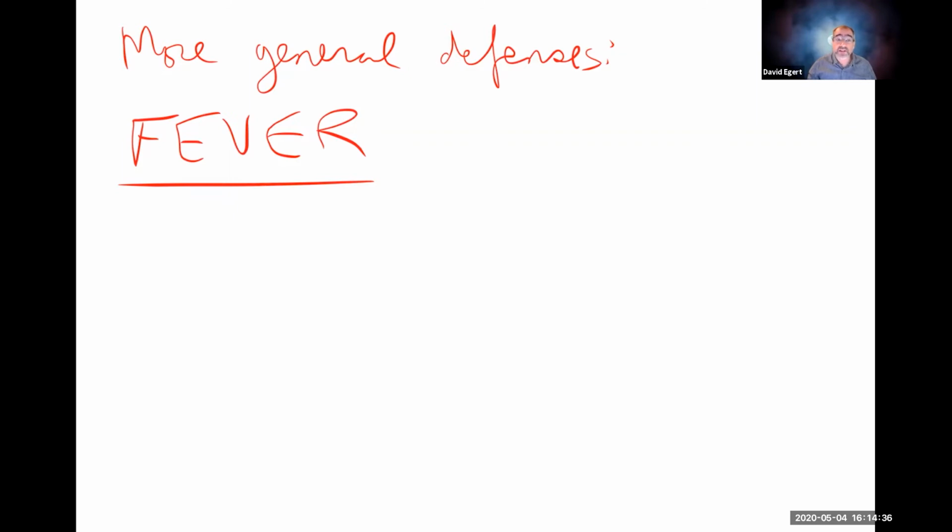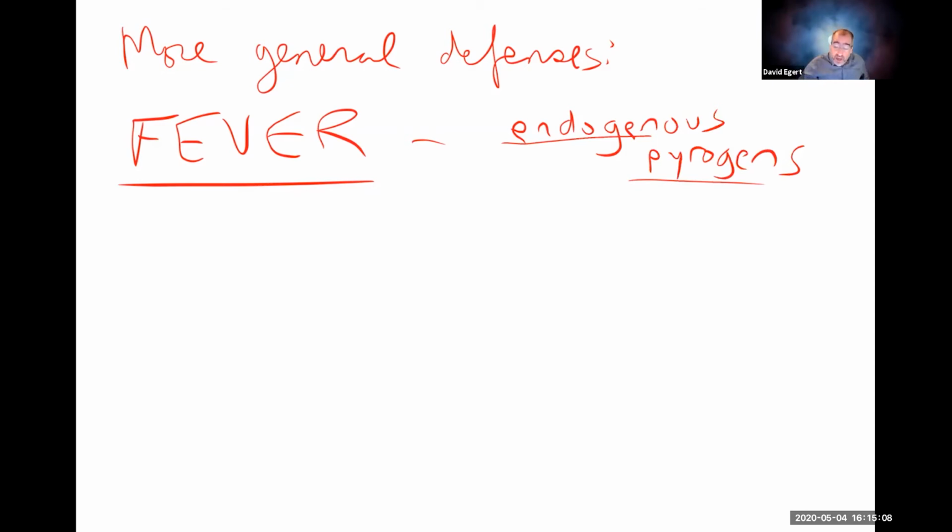You actually have signaling molecules released by white blood cells that go talk to your hypothalamus and reset your temperature. People talk about endogenous pyrogens. This is basically signaling molecules released by your white blood cells that talk to your hypothalamus to increase your overall temperature. Endogenous, created within; pyrogens, create fire.